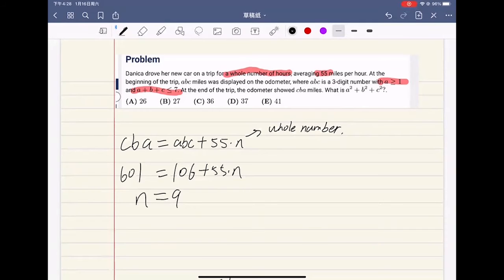Then I got 9 times (c minus a) equals 5n. Because c minus a can only be lower than 10, it has to be 5, and that's how I got n equal to 9.